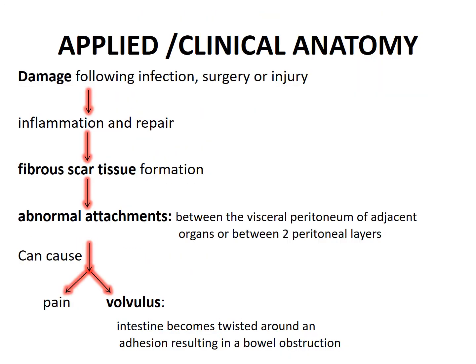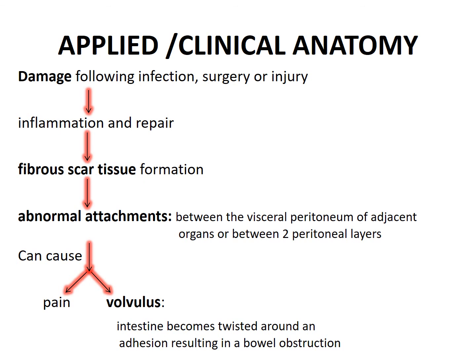Any damage following infection, surgery or injury in the abdominal cavity will lead to immediate inflammation followed by repair. Repair is generally led by fibrous scar tissue formation, and this scar tissue formation leads to abnormal attachments of the peritoneum with the organ or within the two layers of the peritoneum.